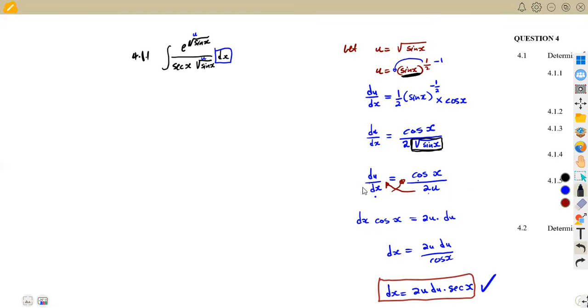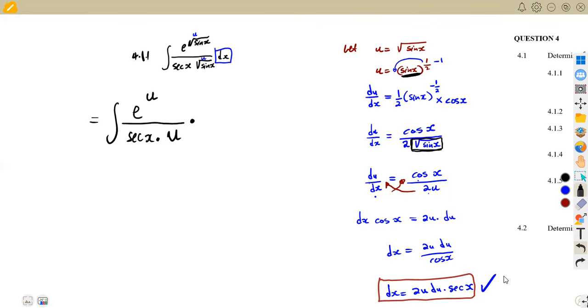So we are going to have this as equal to the integral of e. Remember, the square root of sine x is now represented by u because we said this is u. Then we have got sec x in this case. So this is going to be sec x times the square root of sine x, which is represented by u again, multiplied to dx.